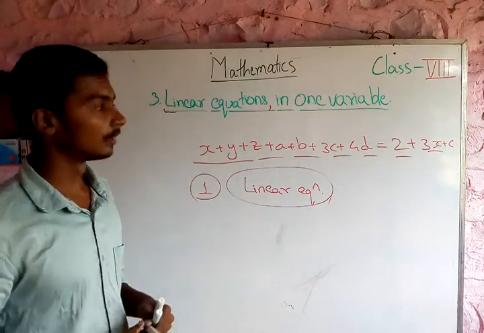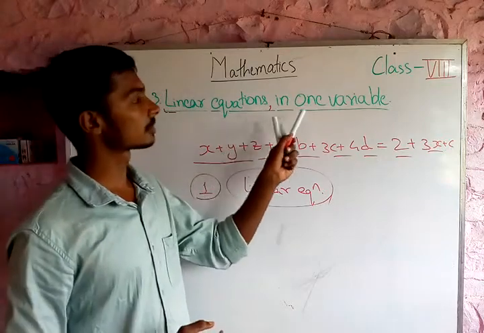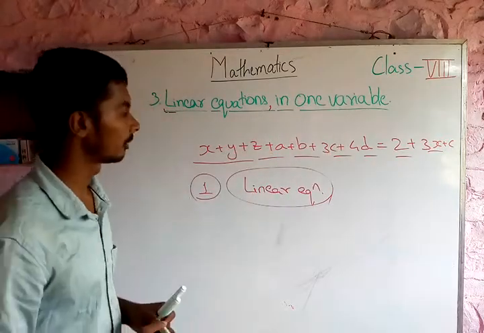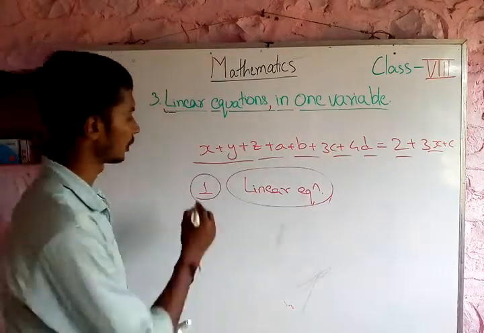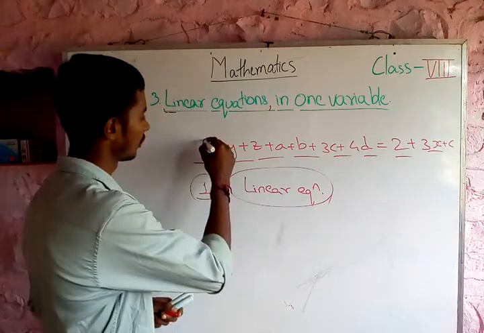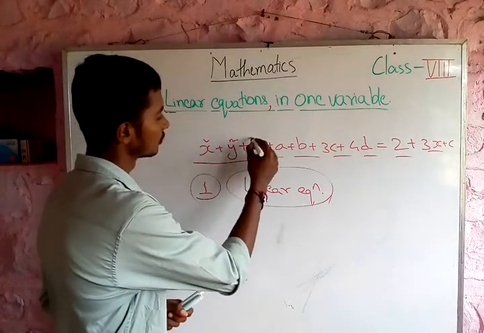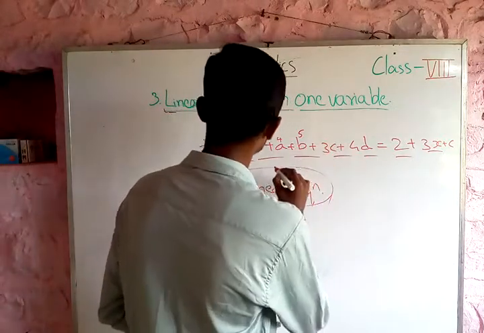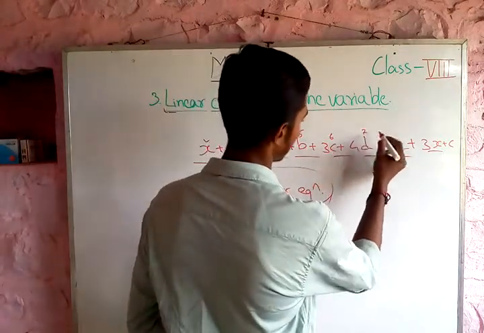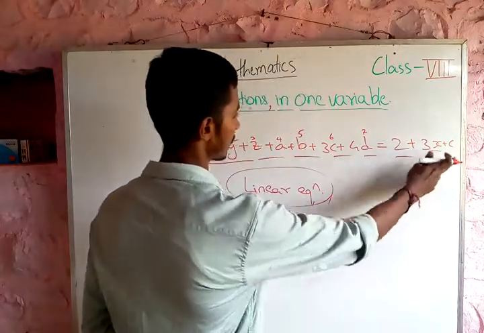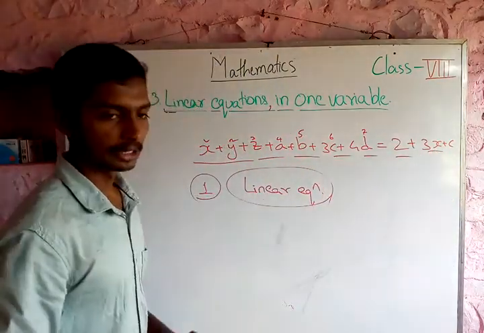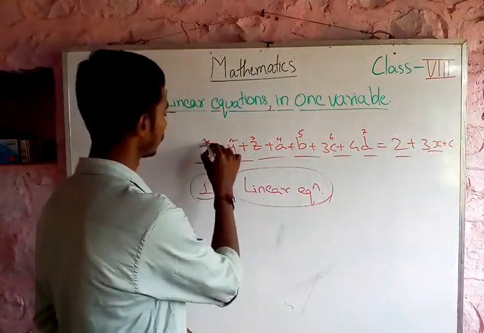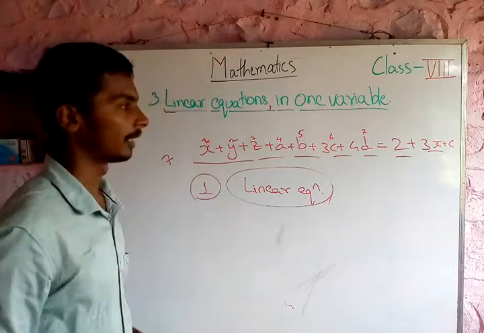So this is a linear equation which you are going to study in this chapter, in this class. Okay, and what is a linear equation in one variable? In one variable means, now see here, in this equation you have so many variables, that is 1, 2, 3, 4, 5, 6, 7. Okay, these are repeated. So in this equation we have 7 variables.